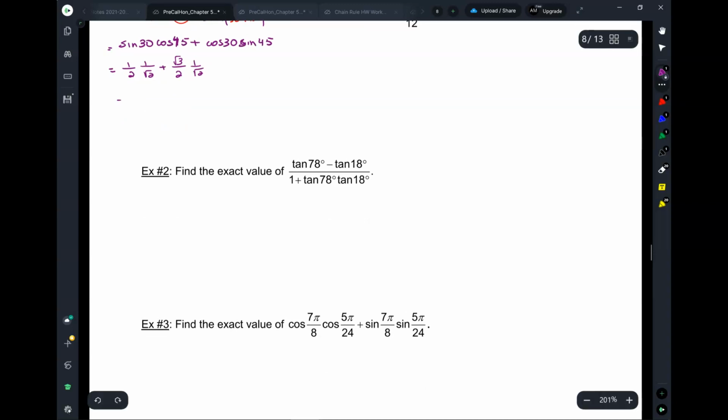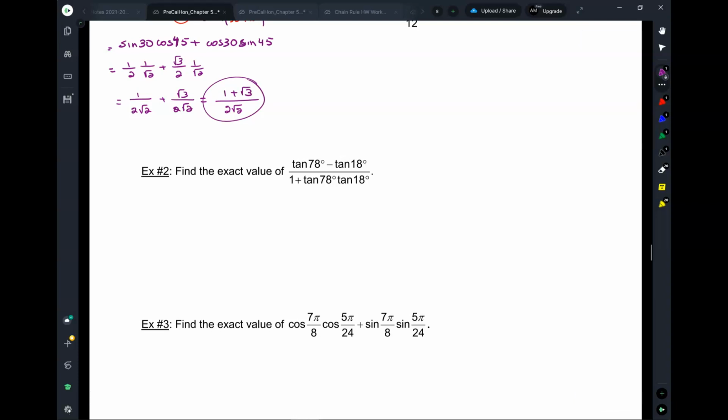So this is 1 over 2 root 2 plus root 3 over 2 root 2. Oh my, they even have the same denominator, so I can combine them, and it'll just be 1 plus root 3 on top. I mean, how fabulous is that?